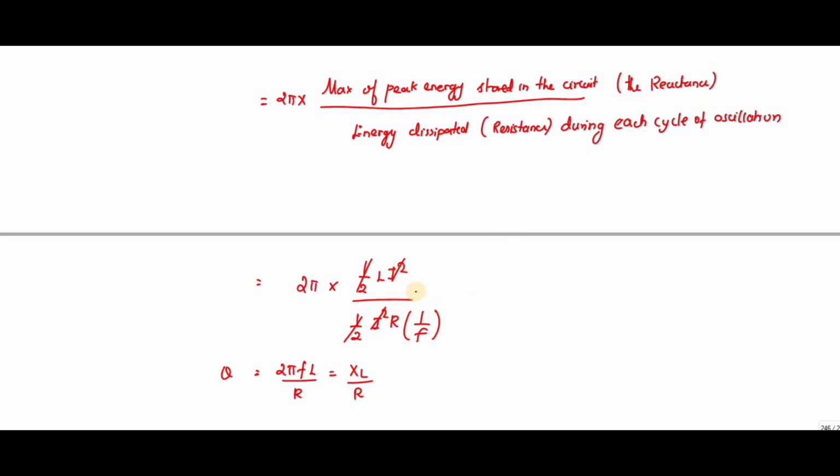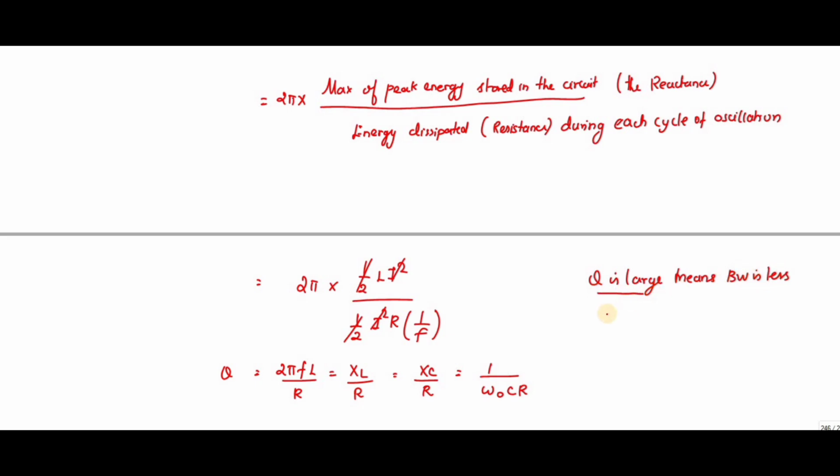So if we want to measure it for a capacitor, means XC, you will get XC divided by R. That is nothing but 1 divided by omega naught C R. So if Q is large, bandwidth is less.